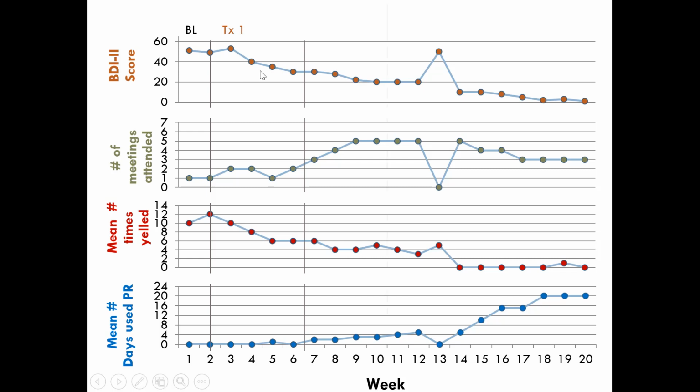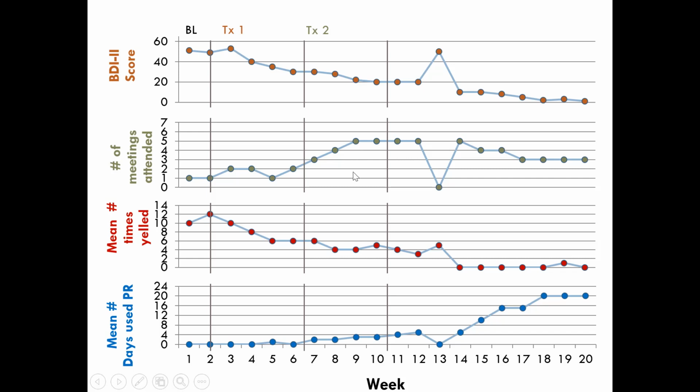And then after this series of weeks, we start focusing on the second treatment, which is for the alcohol use. That's why this is green, and we have green here. So here the average number of meetings attended per week has gone up, right?